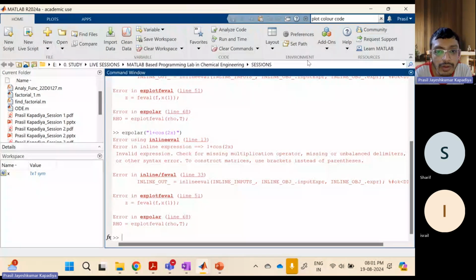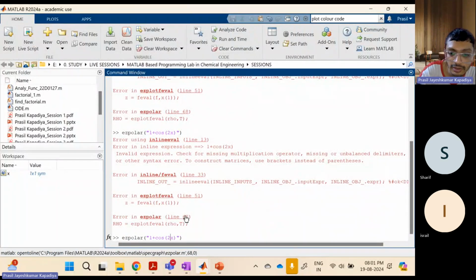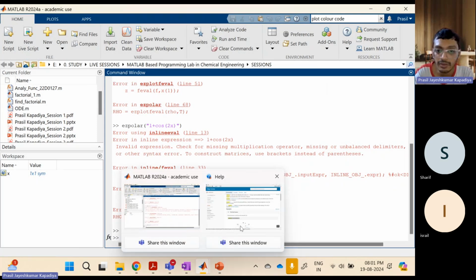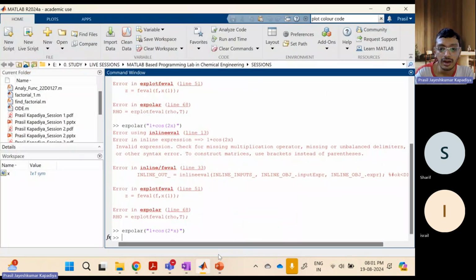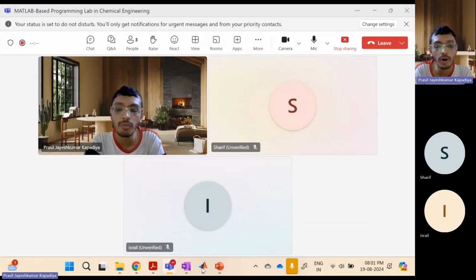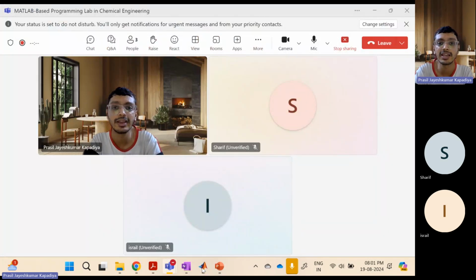It only puts one variable at a time. Yeah. So this is how it works. This blue thing is the actual curve of cos 2x. Okay, so the main question was, where does this EZ polar fall? So it is under symbolic toolbox because it is dealing with symbols like x, y, z, theta, gamma, anything we can give.